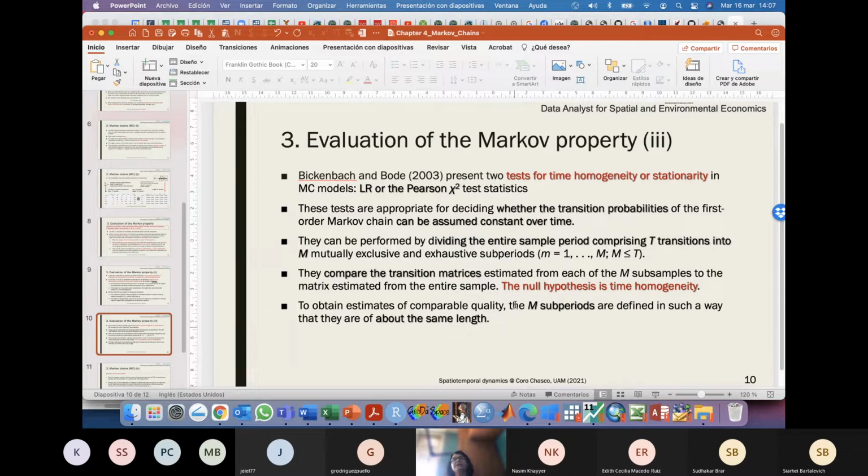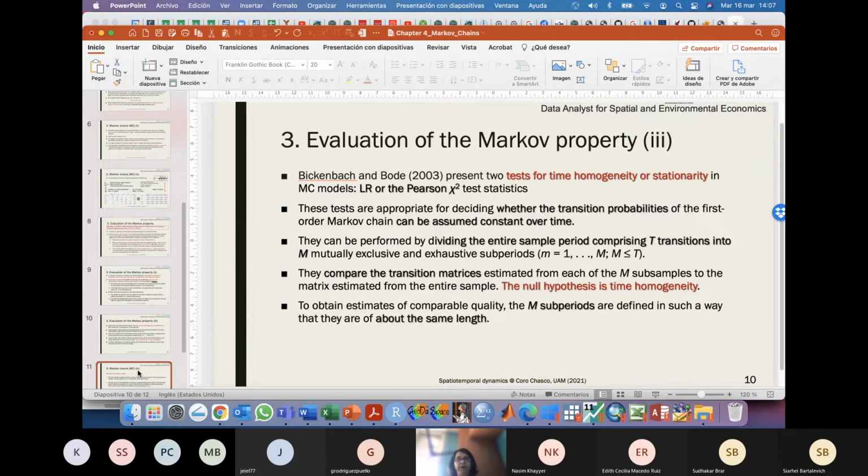So if I say subdivide into 3 subperiods, what it is going to do is divide the 8 decades I have in my database into 3, more or less, parts of the same length, same amount of decades inside.